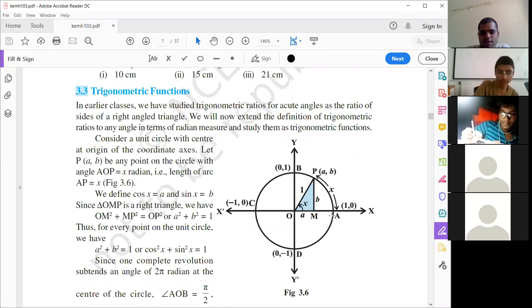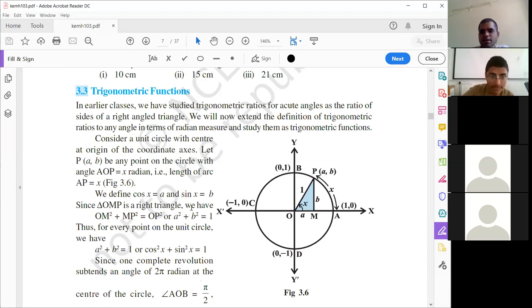The main two functions are sine and cos, and based on these two functions other functions are derived, like tan is sine by cos, and similarly sec, cosec, and all these functions are derived from these two functions, sine and cos.